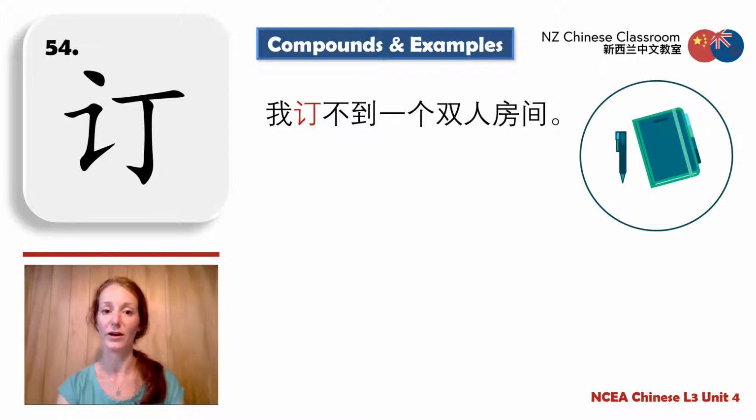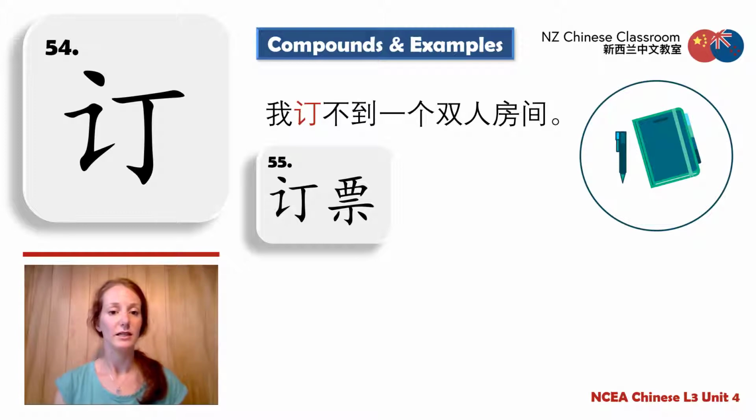So I've used the 不到 again. Can you guess what this means? So I wasn't able to book a double room. A 双人, a pair of people, a double room. 房间, room.